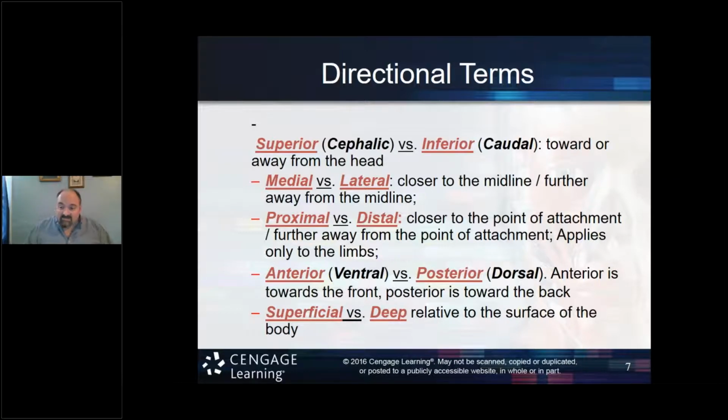So like I said, creating your own 3x5 cards that have terms on one side and definitions on the other can be very helpful for you, and reviewing those over and over and over. Repetition is key. Not just looking at something once, twice, 3 or 4 times. Looking at something 10 and 20 and 30 times is really what gets that information embedded into your brain and into your memory.